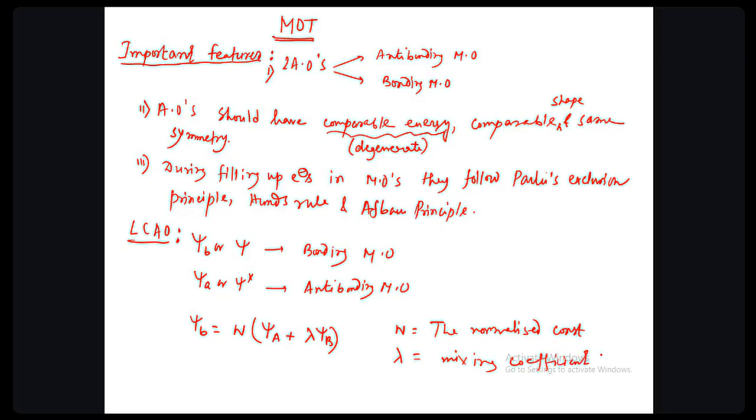Now the question: what are psi A and psi B? Psi A and psi B are the wave functions of the A and B atoms, which combine to form the AB molecule. That means psi A and psi B are the atomic orbitals.